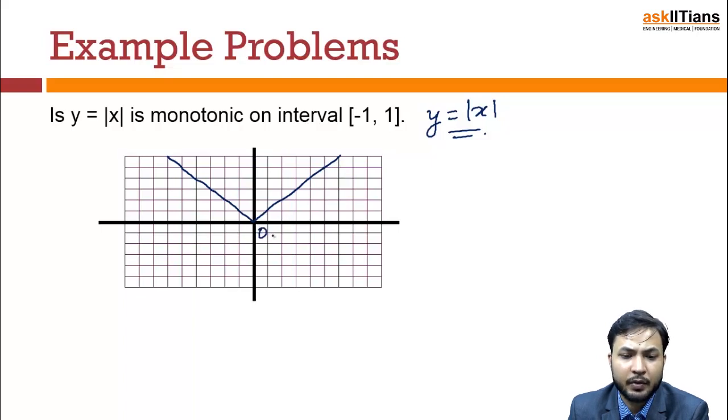This is my 0, this is my plus of y, this is my minus of y, plus of x and minus of x. Now if you look at this, in the domain from minus 1 to 1, what is happening?